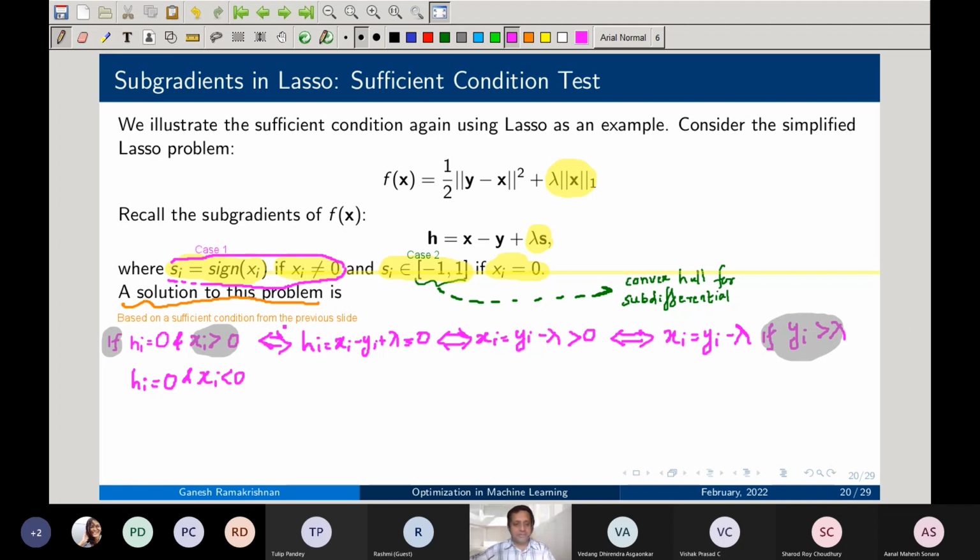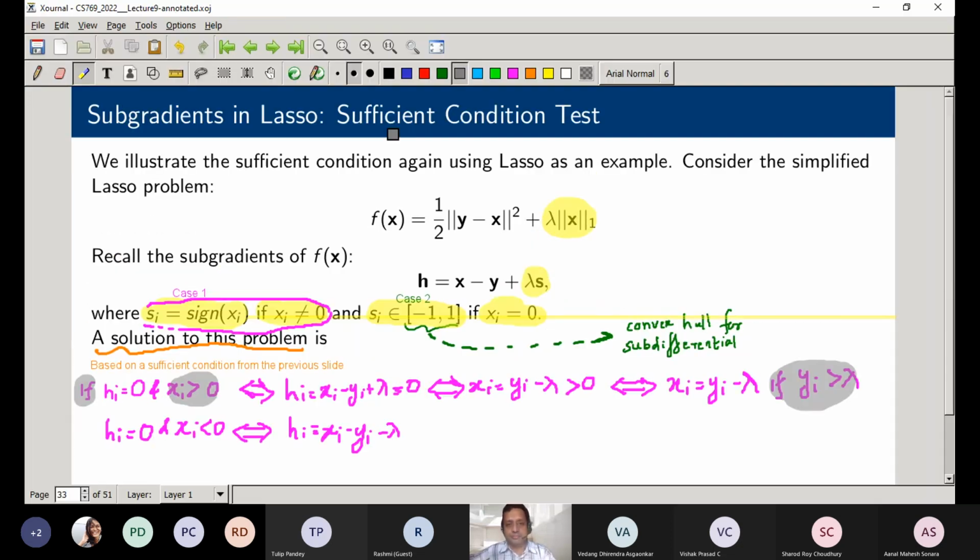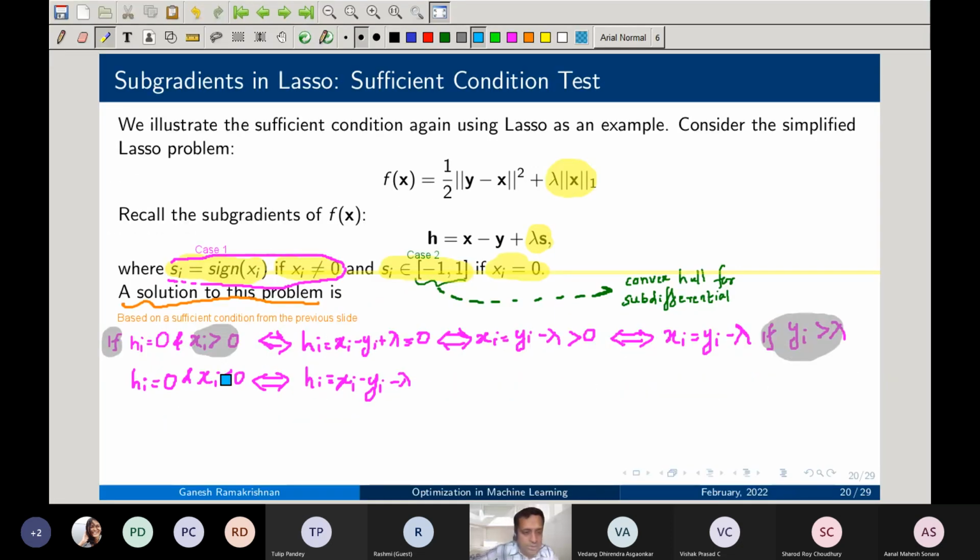Now I can complete the other part very similarly. I'll say this has hi equals xi minus yi minus lambda, just because the sign is going to be negative if xi is less than 0. Note this. Or else, and the rest is similar: signs will get flipped.